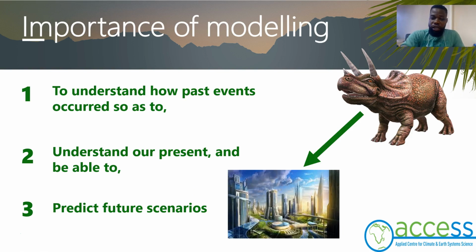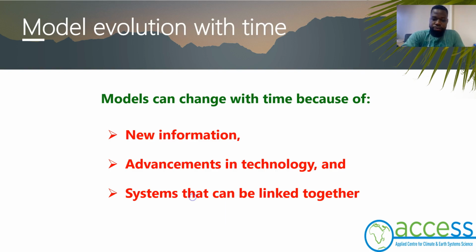The importance of modeling, I will put it in a nutshell. The importance of a model is for us to understand how past events happened, so that we can understand our present and be able to see into the future, predict the future using models. The models evolve with time. As time goes on, we find that the models themselves also change for the better.